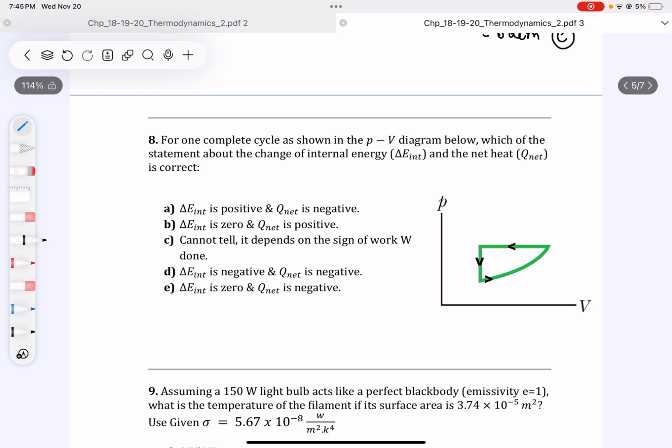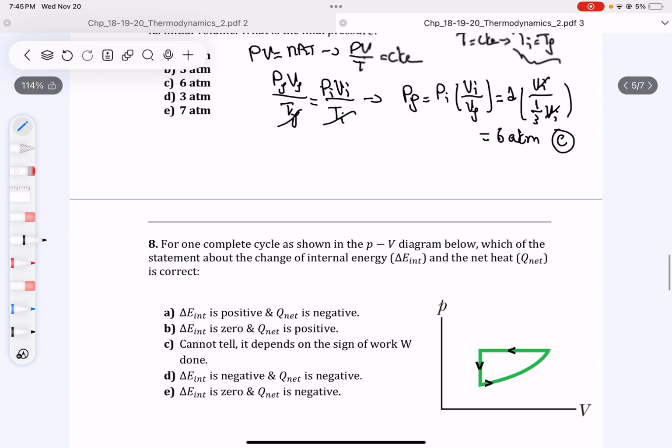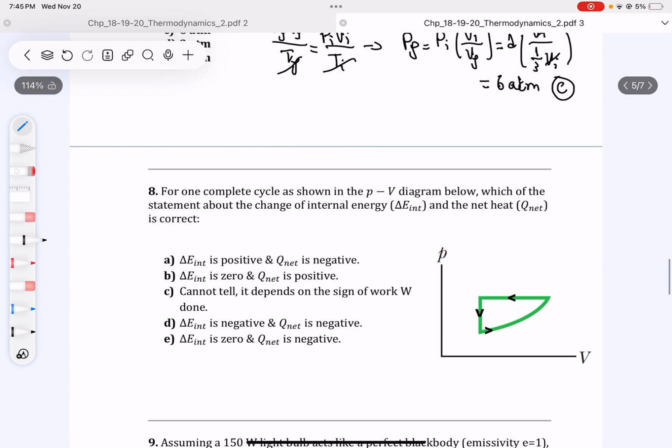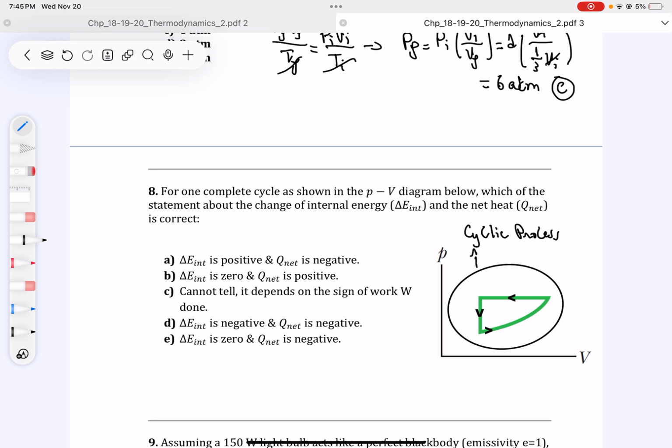Okay, let's continue here. For one complete cycle, as shown in the PV diagram below, which of the statements about the change of internal energy delta E internal and the net heat is correct? Okay, let's see here. What we have here? Here we have a cyclic process. What does cyclic process mean?